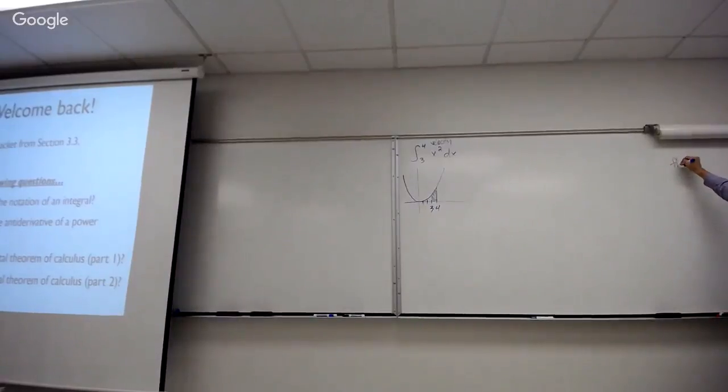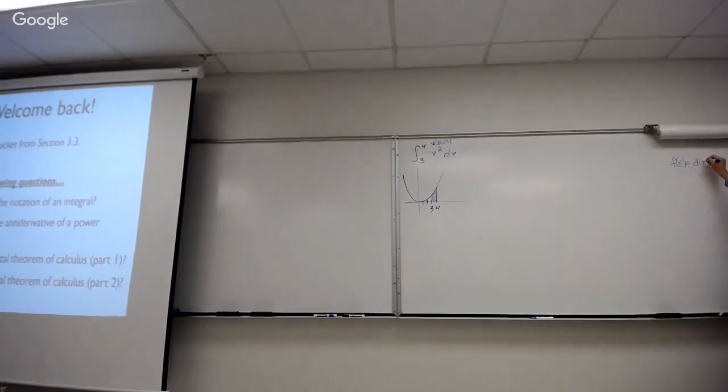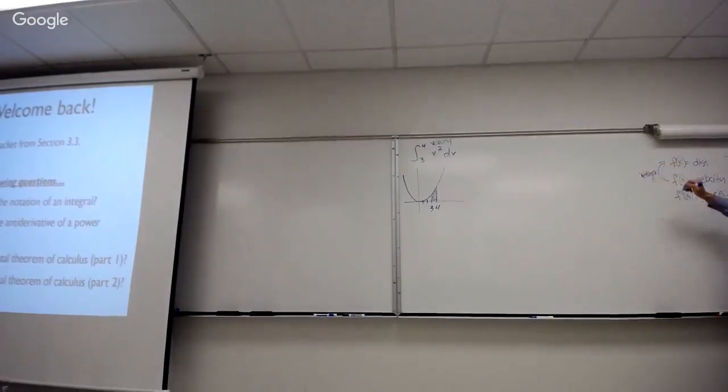So remember, if your function is distance and your derivative is velocity and your second derivative is acceleration, and so now watch very closely here. If you go this way, you're doing the derivative. If you go this way, you're doing the derivative. But what happens if you go this way? You're doing the integral.